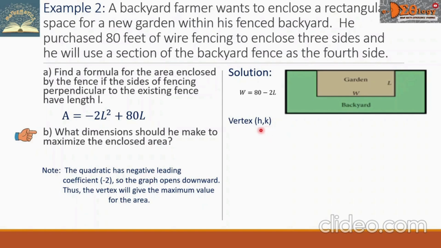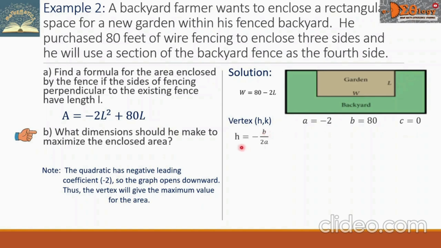Let us now solve the values of H and K respectively. So we start with the H. But before that, let's collect the values of the coefficients of this quadratic equation. So we have the A, which is negative 2. This is the coefficient of L squared. The B is 80. This is the coefficient of L. And the C, constant, it's not here, so we write 0.